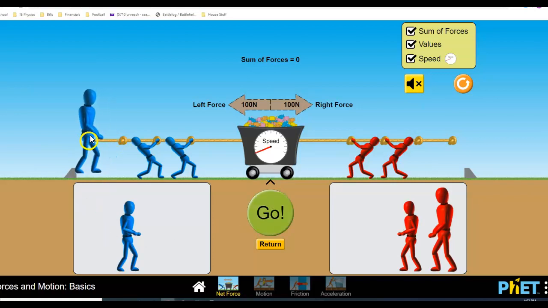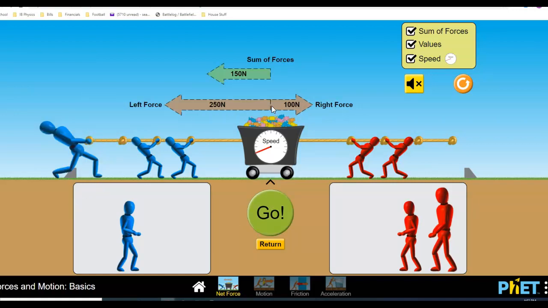I'm going to add a big blue guy to the left. Notice the net force is now negative 150 because I'm basically adding positive 100 plus negative 250. This is negative because it's to the left, and I get a net force of negative 150 newtons to the left. So when I hit go, let's think about what's going to happen in terms of Newton's first law.